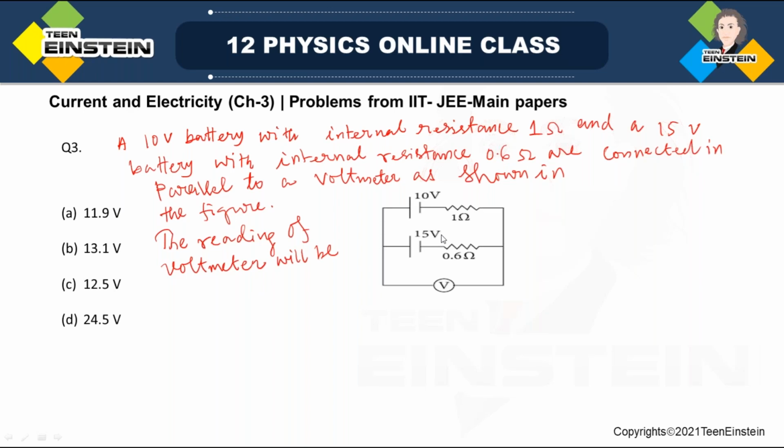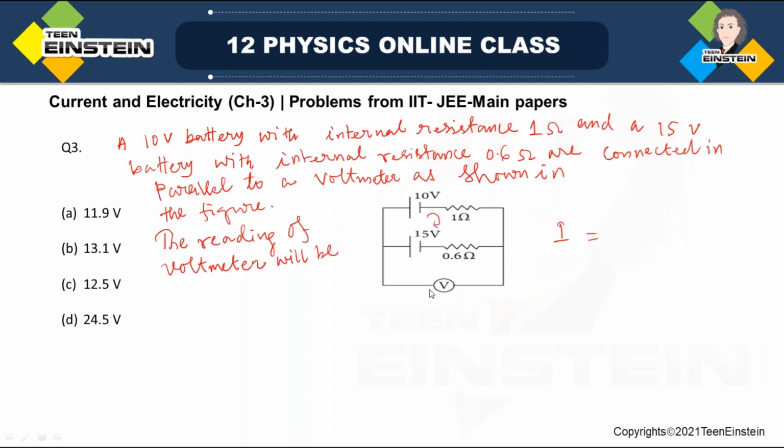So what is the current here? We can just apply Kirchhoff's law for this loop itself to find out the current.